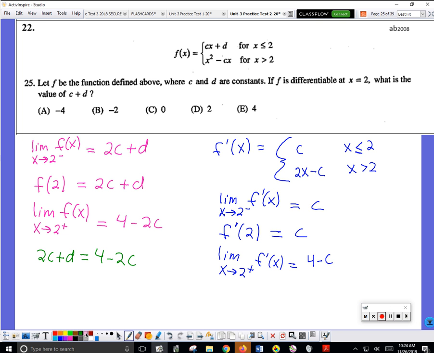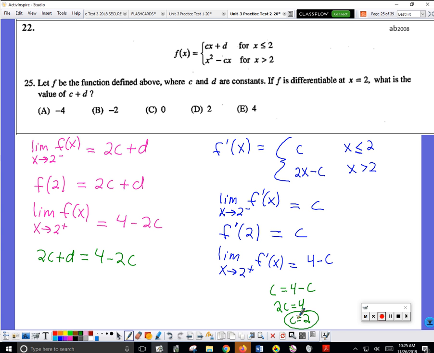C equals 4 minus C. Keep going. And then 2C equals 4, so C equals 4 divided by 2, which is 2. 2 points for Charles.